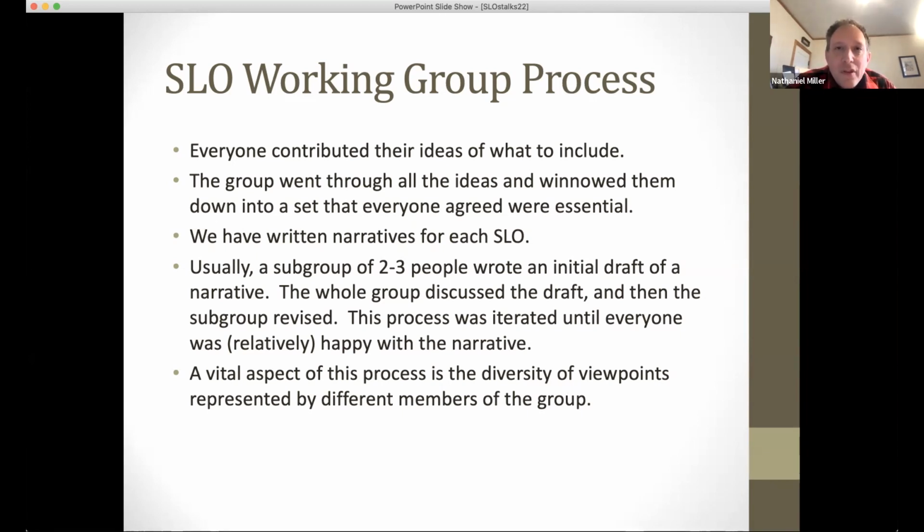Then with each SLO, we've written some summaries, and we've written narratives to go with them. Typically, a group of a couple people has written an initial draft of a narrative, and then the whole group discusses the draft, and then it gets revised, and we keep doing that until everyone is mostly happy with the narrative. So we get all the different viewpoints together there.